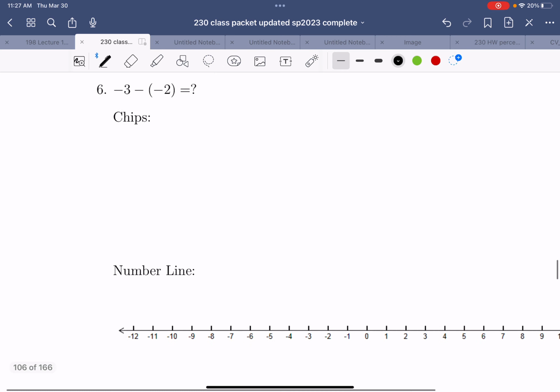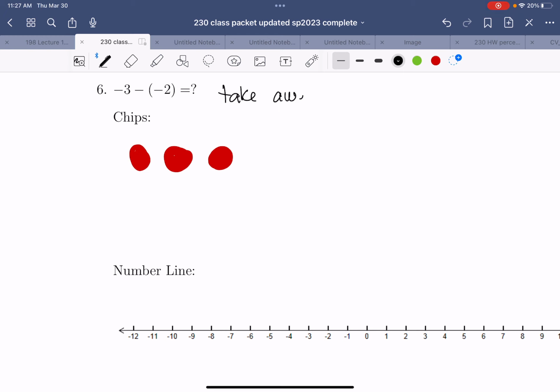Number 6. We have -3 minus -2. Okay, so I'm going to represent the first number. So I'm going to represent the -3, so I get 3 red chips. And what I want to do is subtract -2. So I want to take away 2 red chips.